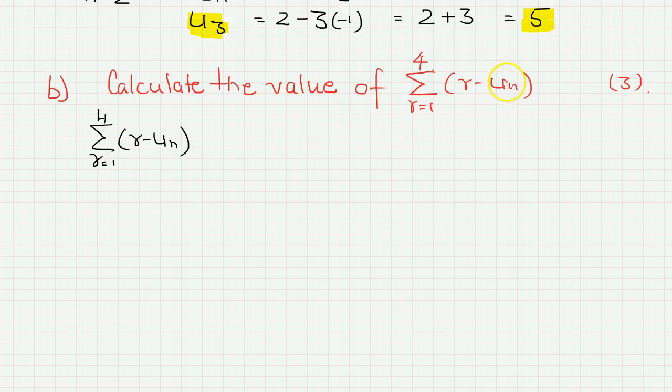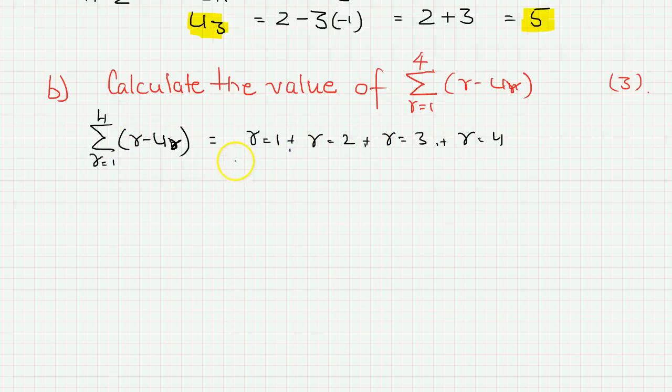It is supposed to be ur. So let's put r is equal to 1, r is equal to 2, r is equal to 3, and r is equal to 4. And we add all these terms.